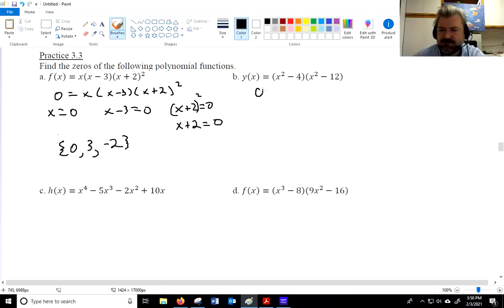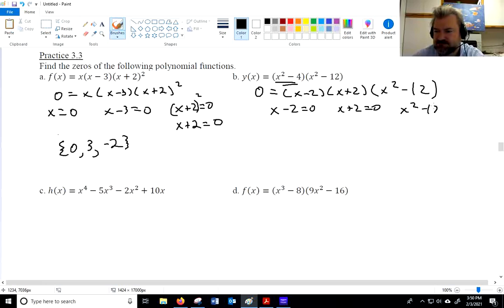All right, let's set this equal to 0. This is factorable. Let's take that further. X minus 2, x plus 2. This next one is not, because 12 is not a perfect square. So then we have to set each one of these things equal to 0. And we can solve. We got x equals 2 and x equals negative 2.